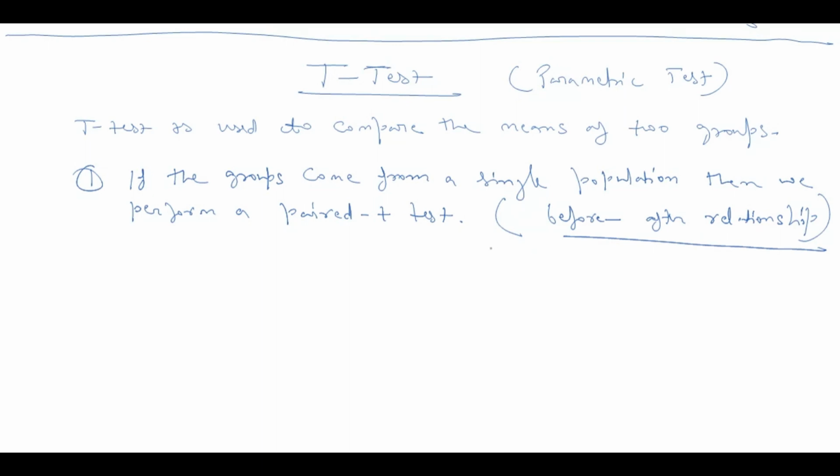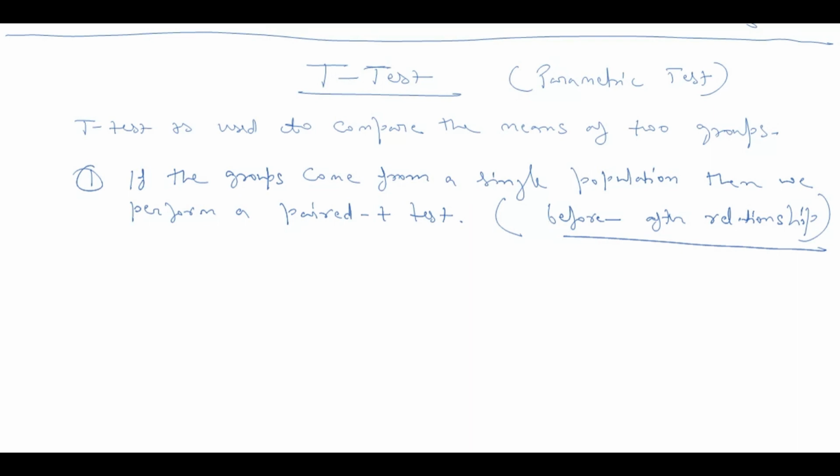a pharma company has invented a new medicine for hypertension, high BP. So what we are doing, we selected some 10 people, we recorded their blood pressures, then we give the new BP medicine to all the 10 people, and after 1 hour we again take their blood pressure reading. So in this situation the people are the same. We take the data before giving the medicine and then after giving the medicine.